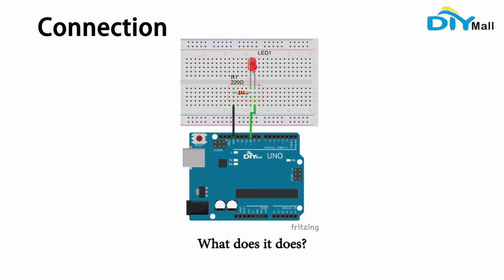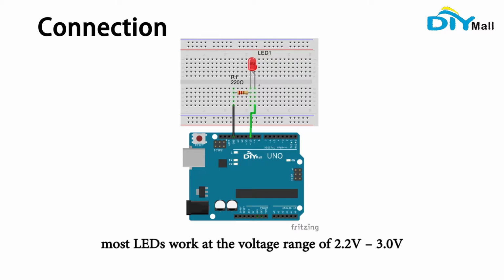What does it do? Well, as you might know, most LEDs work at a voltage range of 2.2 volts to 3 volts and a current range of 20 mA to 50 mA. Arduino is giving an output of 5 volts.